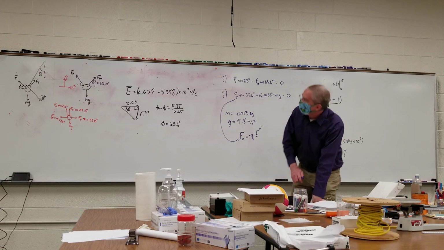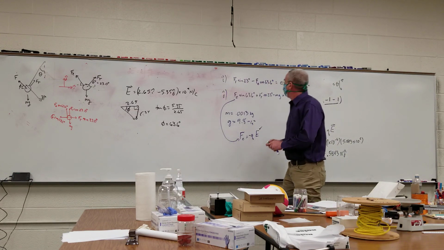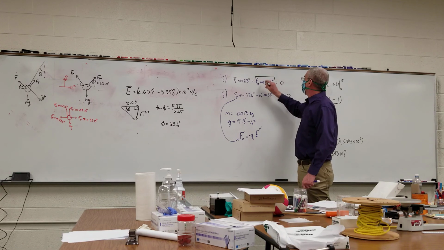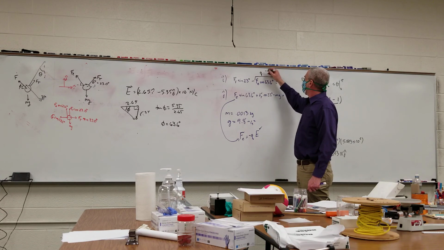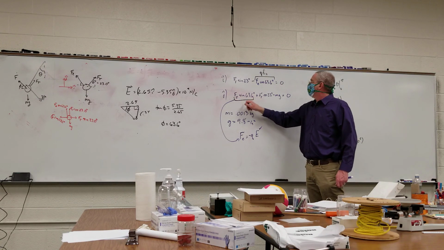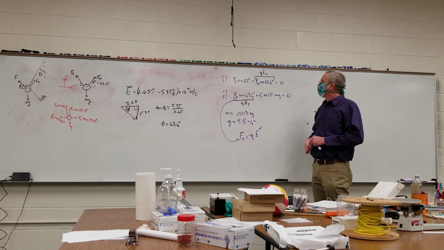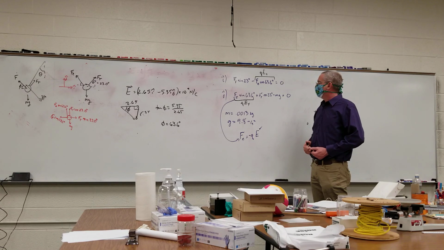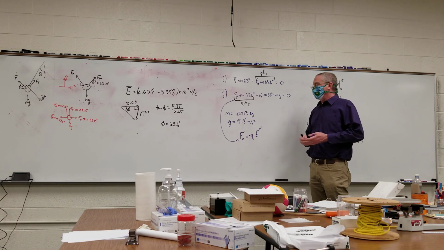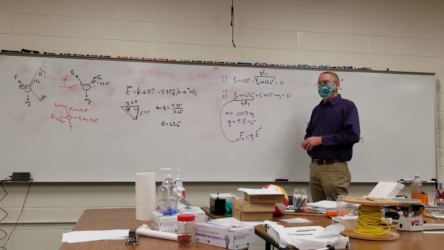Oh, yeah. So for this right here, they did the charge times the electric field in the, they call it x direction. Yeah. But I'm not sure that it mattered which approach that you took. Probably not.